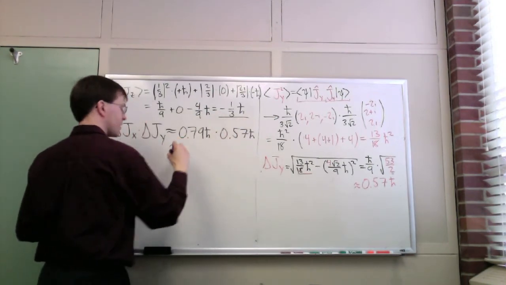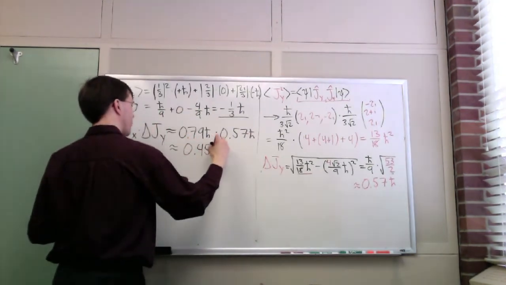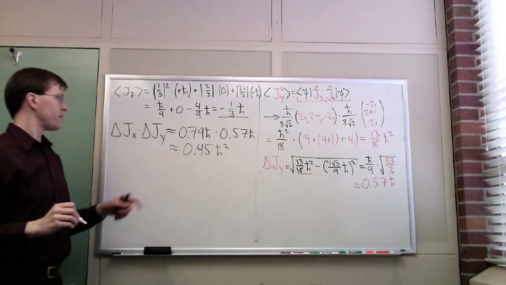That product comes out to be essentially 0.45 h bar squared. That's my product.